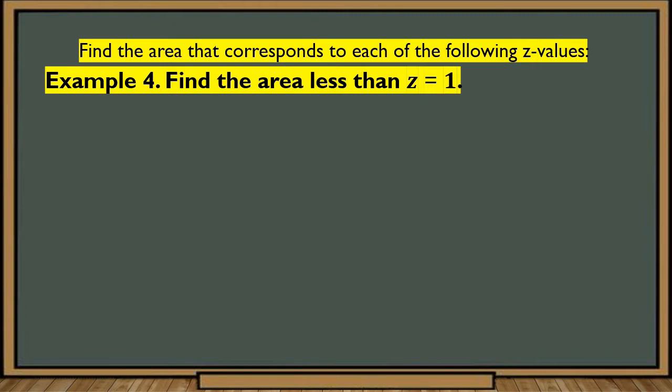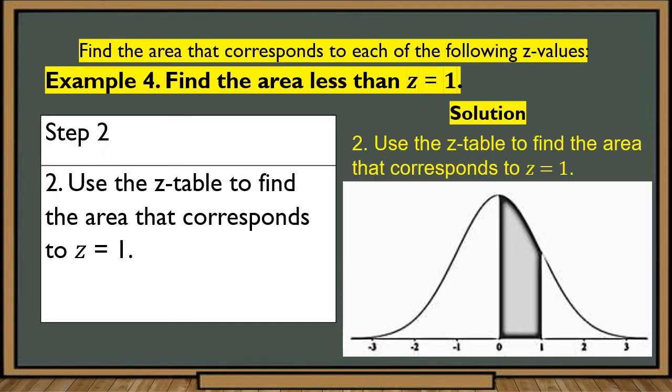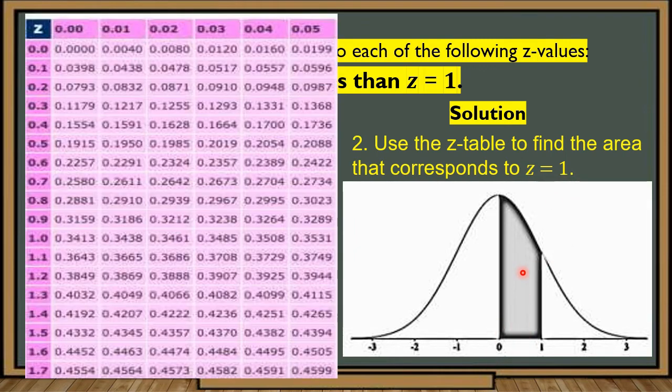From our previous example, we found out that the area which corresponds to z equals 1 is 3,413. That is the area that corresponds to z equals 1.